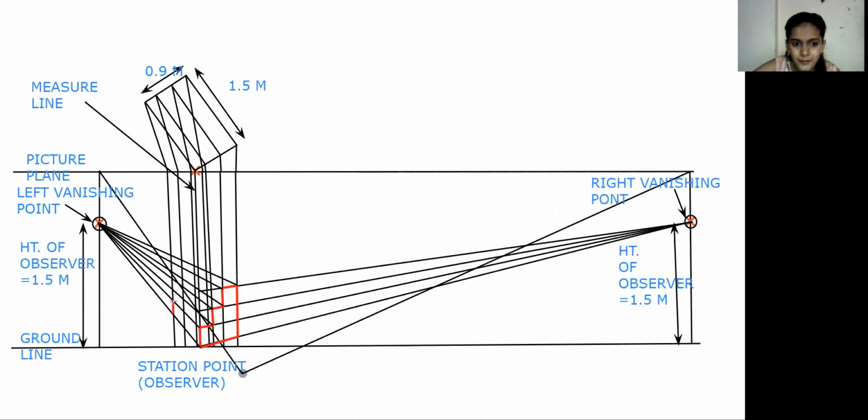Here is a riser. Same way, our next thing is the tread, and our tread is between these 2 inclined lines. So between these 2 inclined lines, another tread will also come.